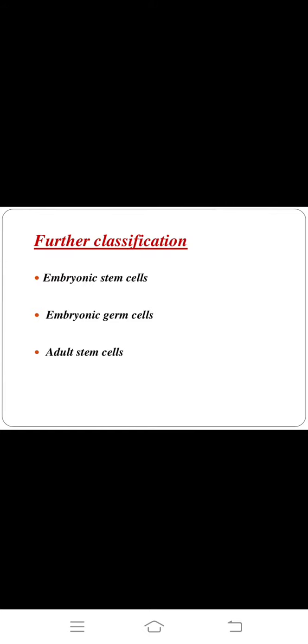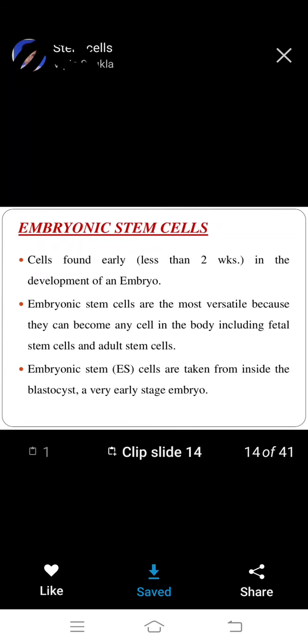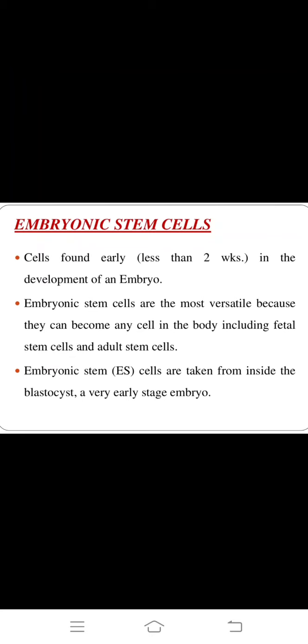Next, future classification: first one embryonic stem cells, embryonic germ cells, adult stem cells. Okay, first, embryonic stem cells. The definition is that embryonic stem cells are present in the embryo.